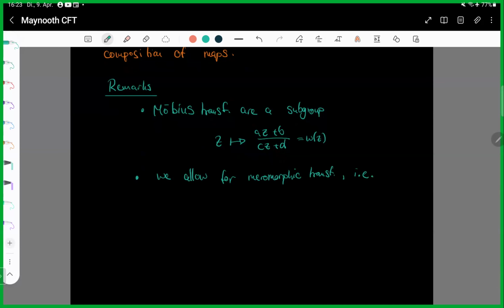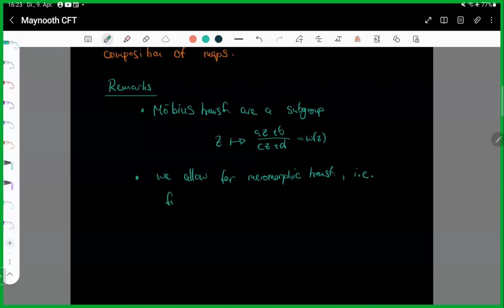The word meromorphic means these are functions with countably many singularities. For instance, the inversion, z goes to 1 over z, stuff like that.